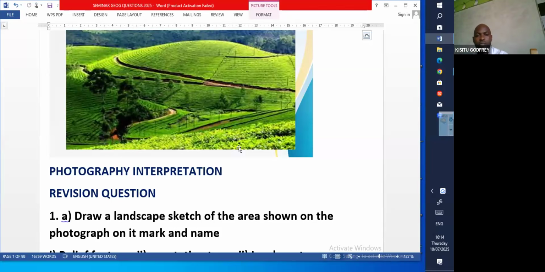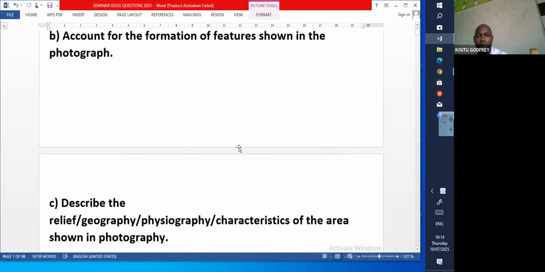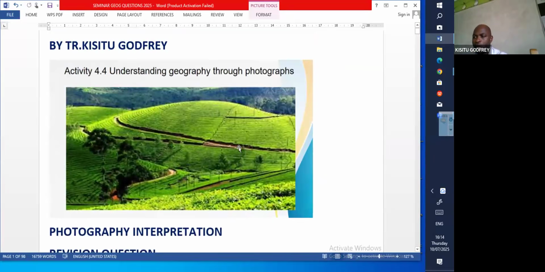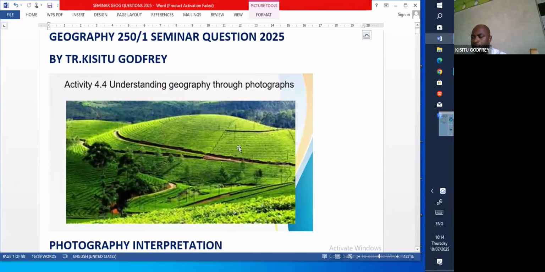So we're going to look at this photo and how it can be portrayed.